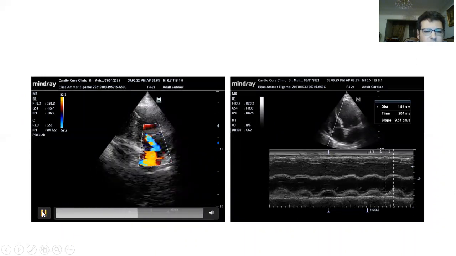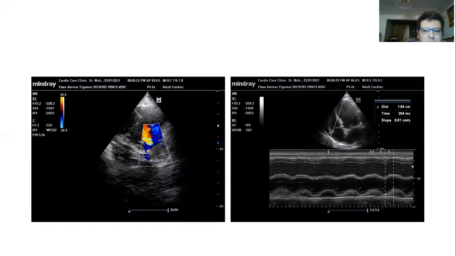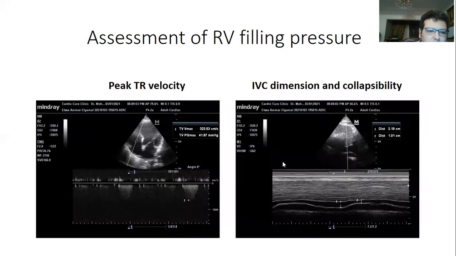RV inflow view showing tricuspid incompetence. This is M-mode showing TAPSE is 1.9, denoting normal right ventricular function. This is continuous wave Doppler over the tricuspid incompetence.